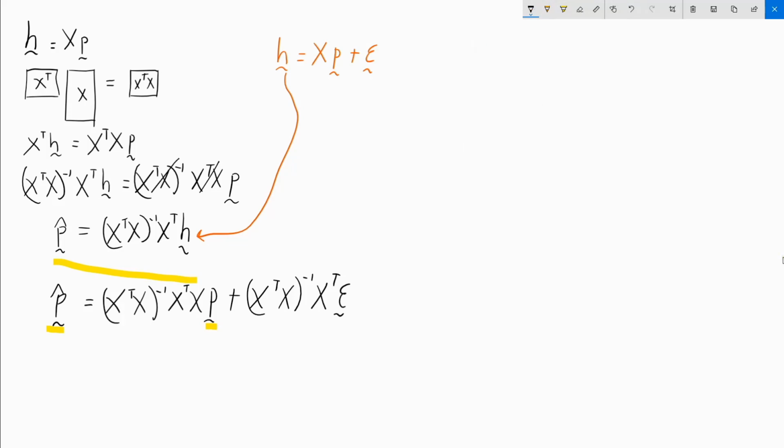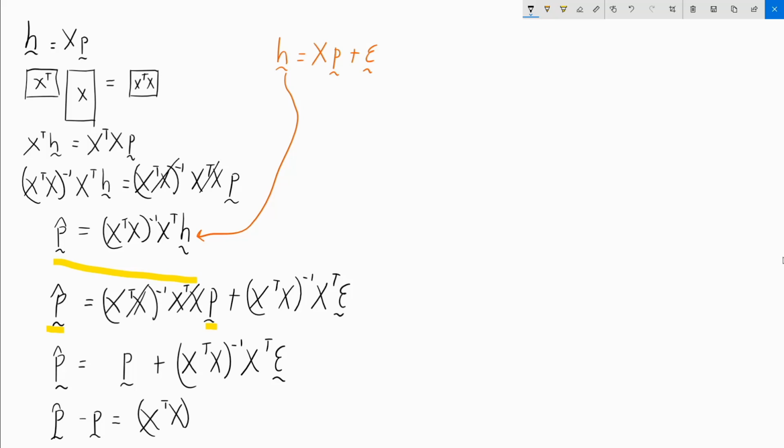Once again, we have an inverse next to the matrix of which it's the inverse, so that I can write p hat equals p plus (XᵀX)⁻¹Xᵀε, or to put it another way, p hat minus p, that is, the error in my parameters that I've incurred through solving that inverse problem, equals (XᵀX)⁻¹Xᵀε.